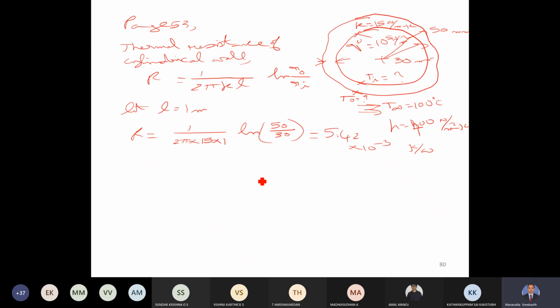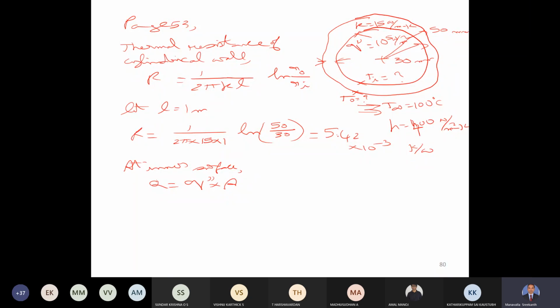Okay, now at the inside, at the inner surface, Q is equal to heat flux multiplied by area. We have at this inner surface the heat flux.